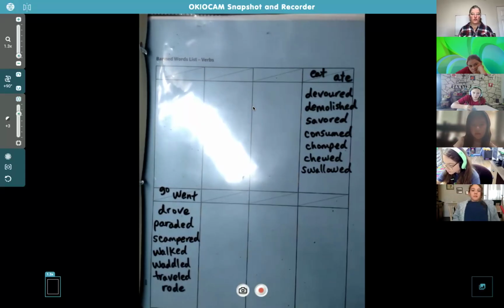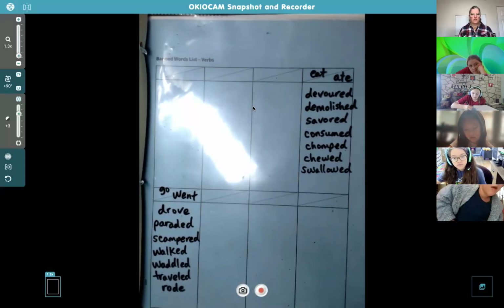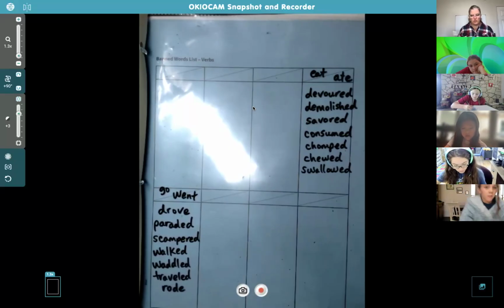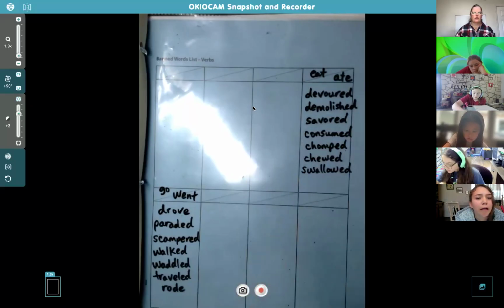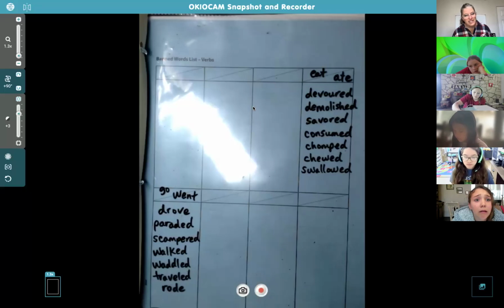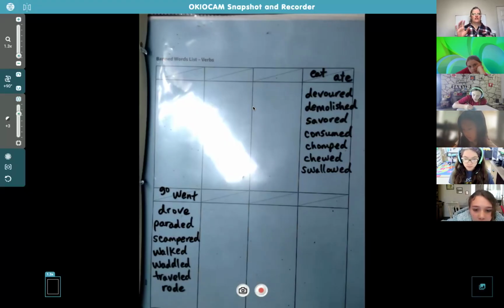Most strong verbs have an ed ending. That is on your checklist, just to remind you. And then stay away from using go or went or eat or ate. And that goes for going or even gone or eating. Those words are also banned. So anything that has anything close to eat, ate, or go, went.